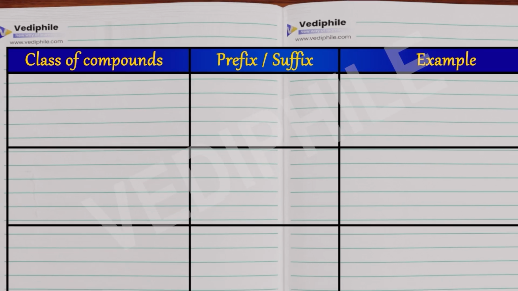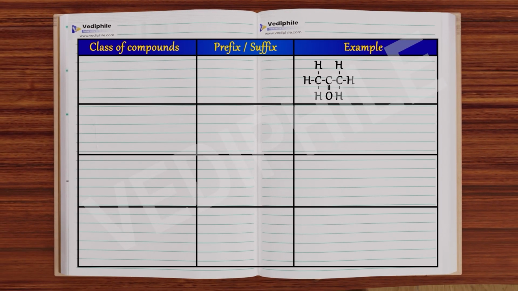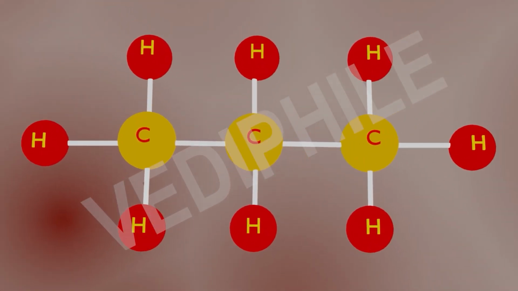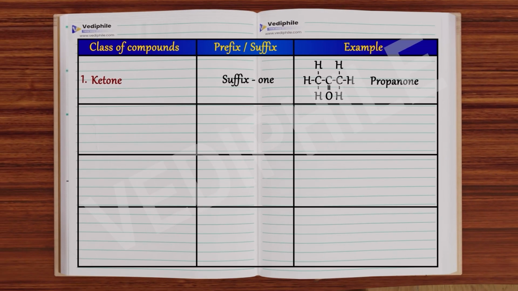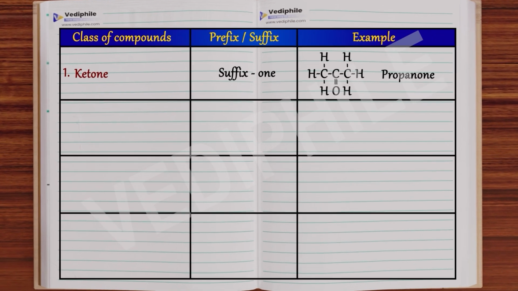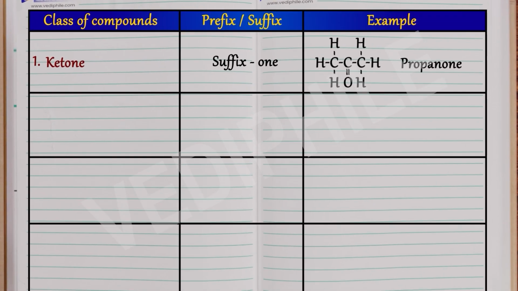Like, for example, a 3 carbon chain with a ketone group would be named as propanone. But how? Because in this propanone, propane means 3 carbon compound and ONE means ketone. तो प्रोपेन का E हट गया और ONE इसमें ऐड हो गया.